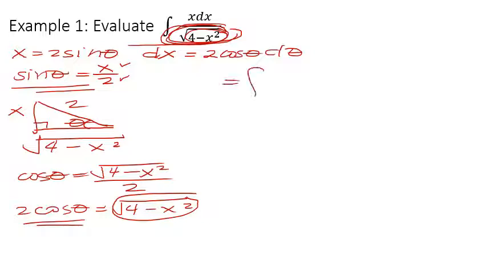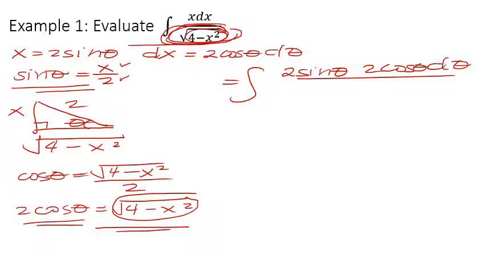So we have x is equal to 2 sine theta, right? dx is equal to 2 cos theta d theta all over your square root of 4 minus x squared, which is equal to 2 cosine theta. So you have 2 cosine theta, so we could cancel out these values that we have.